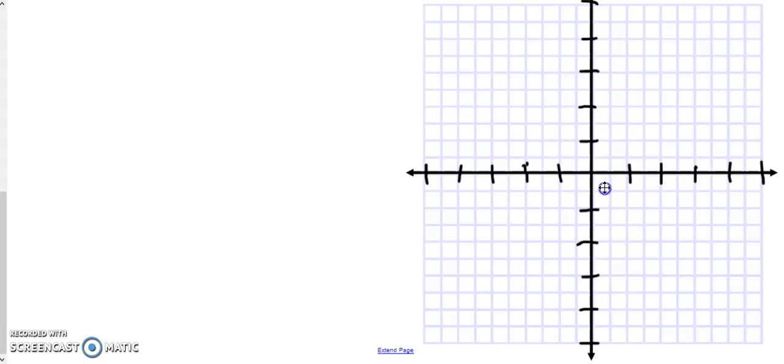This next graph is going to be called G. Somebody else want to give me the domain of G?